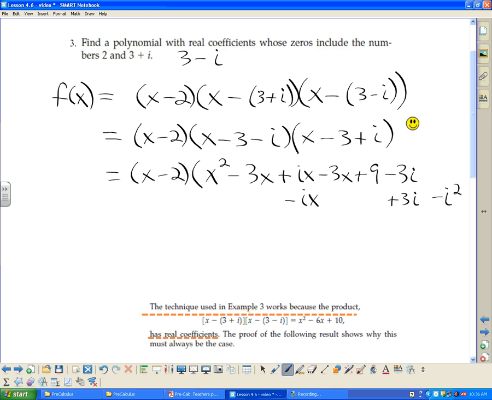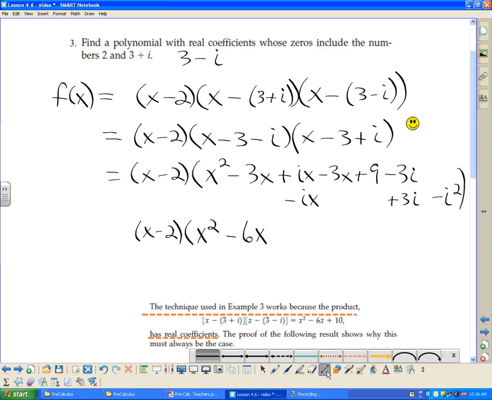So now when we combine that and simplify it, we have x minus 2 still, and then we have x squared. We have a negative 3x and a negative 3x, which gives us negative 6x. But then we have positive ix, negative ix, so that's 0. Negative 3i and positive 3i, so that's 0.